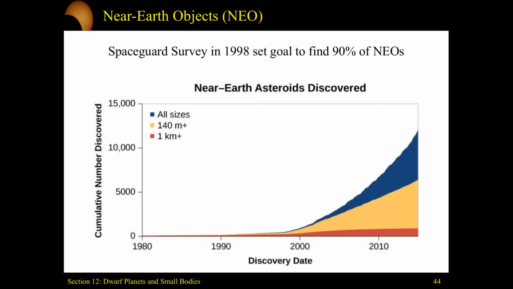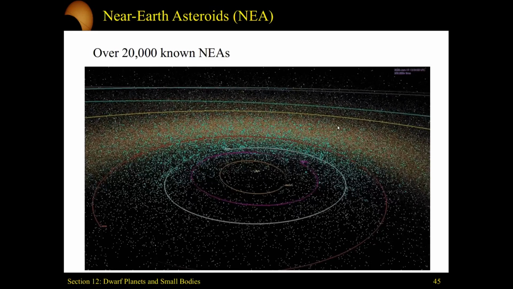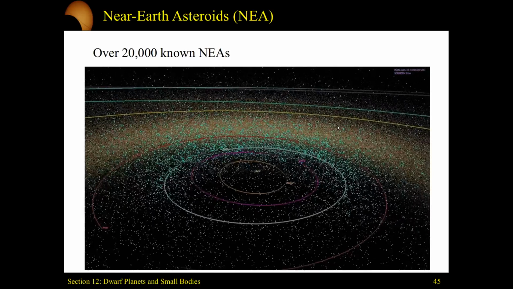So as time goes on, as our tools and techniques get better and better, we keep finding more and more of these objects. Now, how can we be certain that we find 90% of NEOs? Well, that's based on calculations of basically the amount of mass available in our solar system. As of today, there's over 20,000 known near-Earth asteroids.